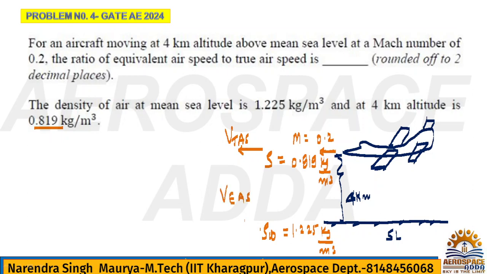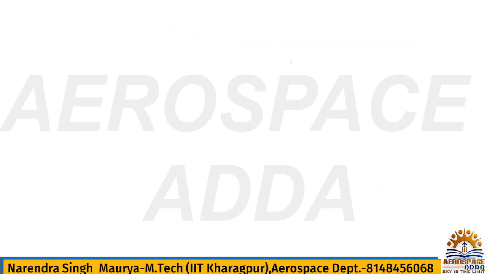That I already discussed in my regular lectures. Simple. They are saying you just find out the ratio of equivalent air speed and true air speed. So I will write the dynamic pressure for both from a reference point of view and compare it.